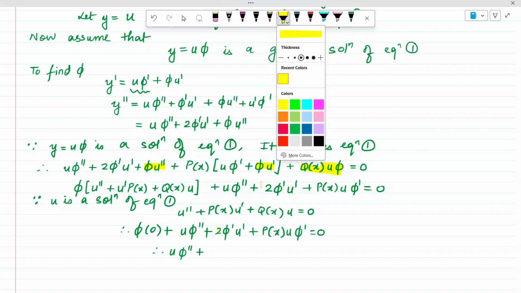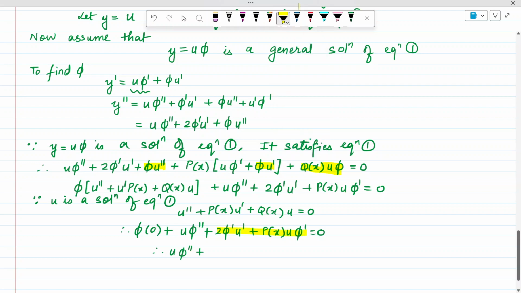Now observe these two terms. They both have phi dash common. So I'm going to write phi dash common here, and I'll be left with 2u dash plus p of x multiplied by u. And this entire thing is still equal to 0.